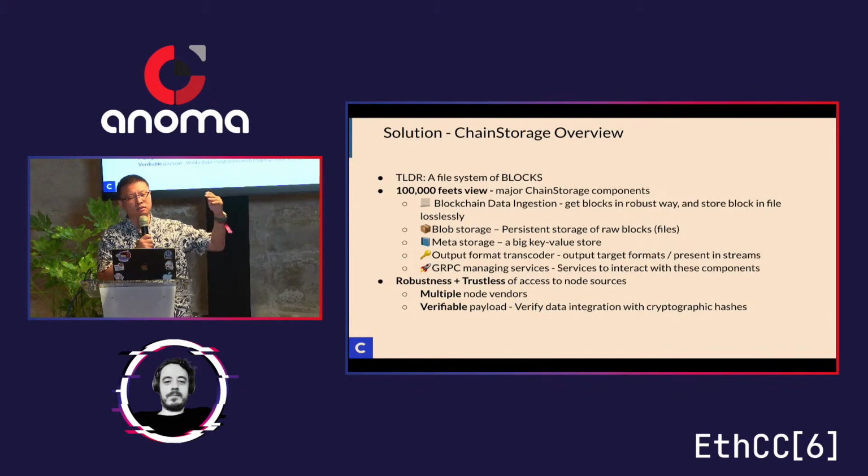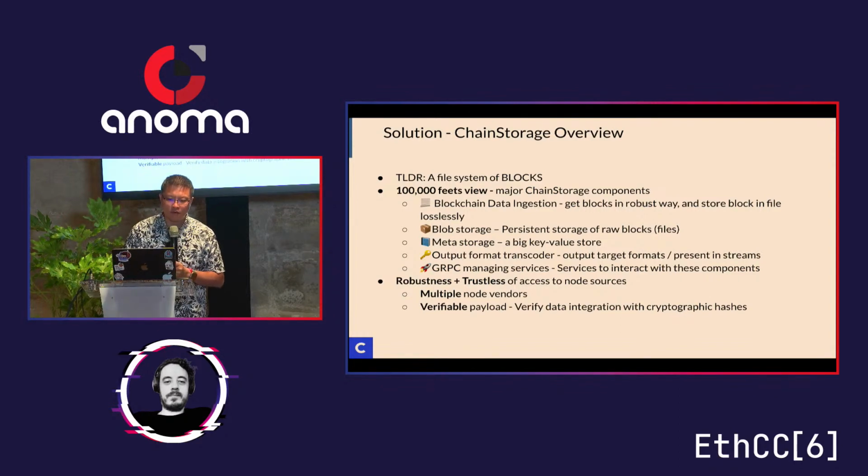Okay, this is a list of components. You have the ingestion system that takes the blocks from the nodes in a robust form, and stores them in a lossless format. Block storage: you store the block into a blob, so you just put that in S3 in some practical sense. Meta storage maintains the relationship between the blocks so that you form a chain with all these files.